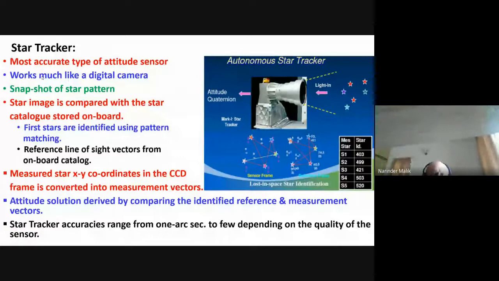When you are taking an image, it is a single plane. The detector consists of a CCD array.